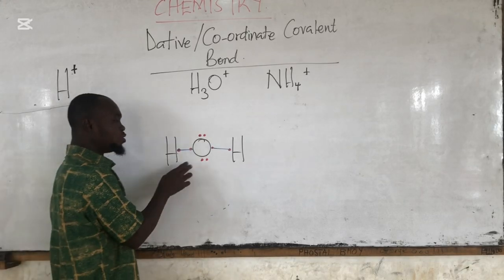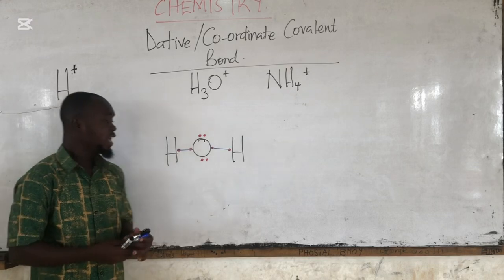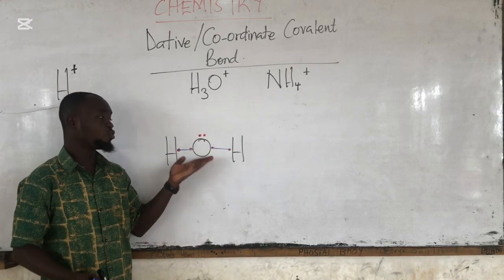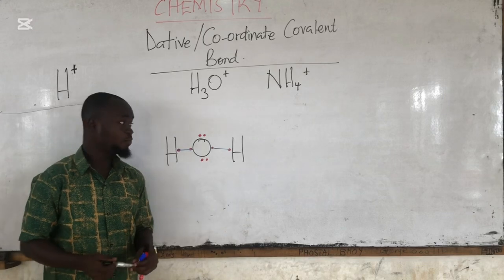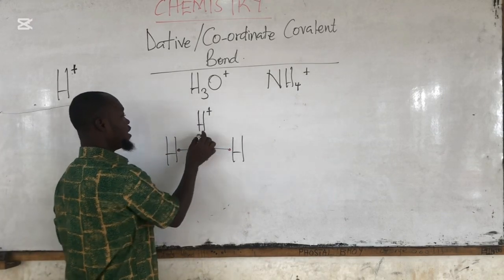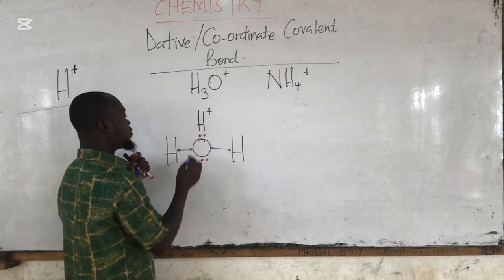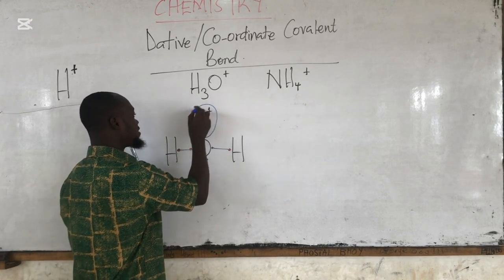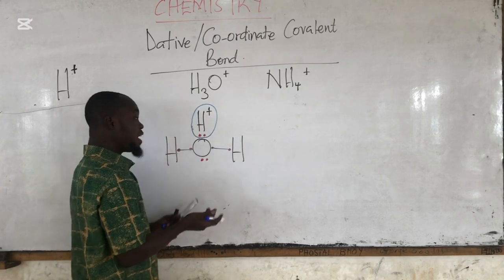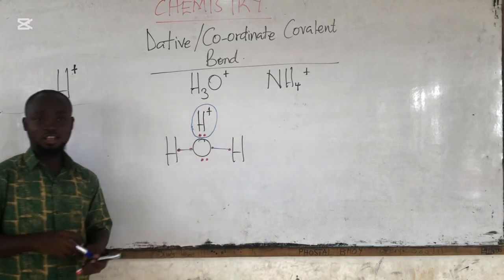The electron pair that will be shared is coming from the H2O, specifically the lone pair on the oxygen atom. So the H+ will then enjoy this lone pair, so that it will have two electrons attached to it, which makes it stable. And already the oxygen is stable as well.